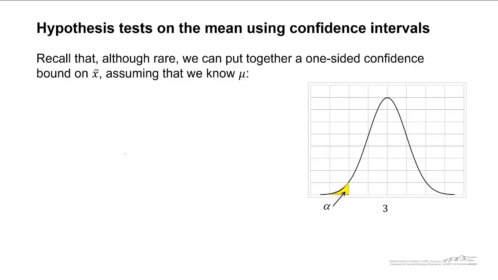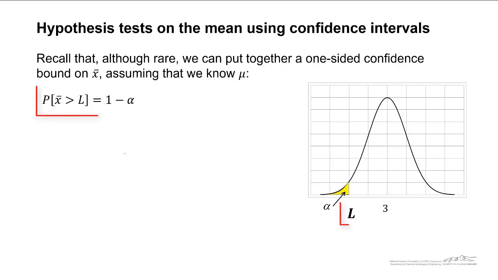So let's talk about how we can use confidence intervals or confidence bounds. Confidence bounds are one-sided confidence intervals. Although one-sided confidence intervals or bounds are rare, we can put together a confidence bound on x bar, the sample average, assuming that we know mu.